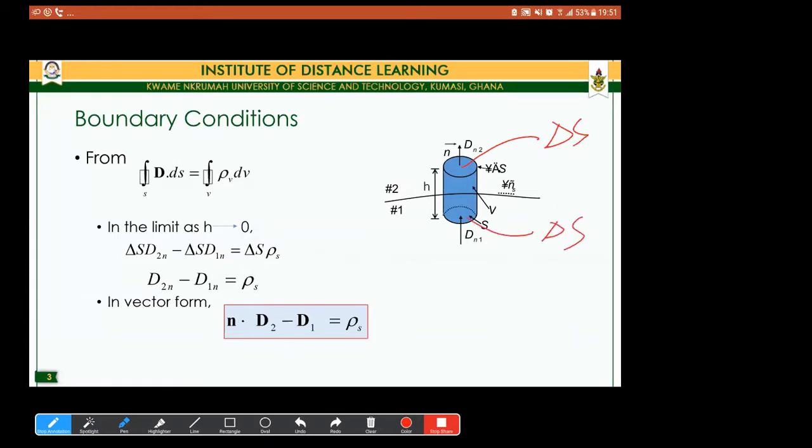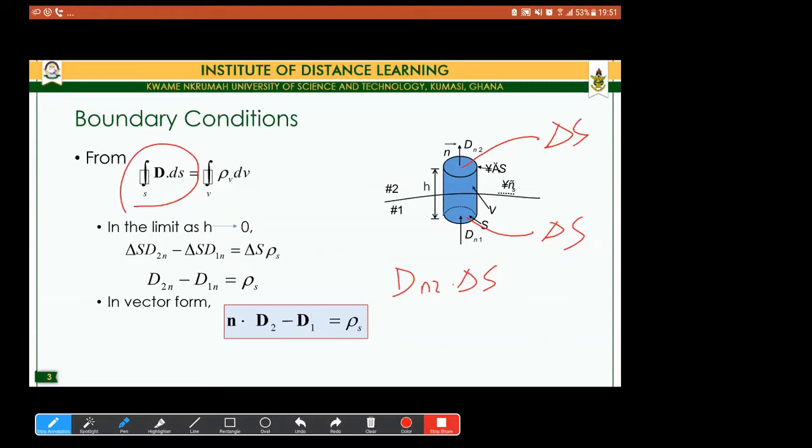Delta S. So if we are looking for the integral of D dS, that is the summation of the electric flux density with respect to the surface, then in medium 2 here, we have D2N, and the surface dS in medium 2 is simply delta S. And then in medium 1, you can see the direction of the normal.